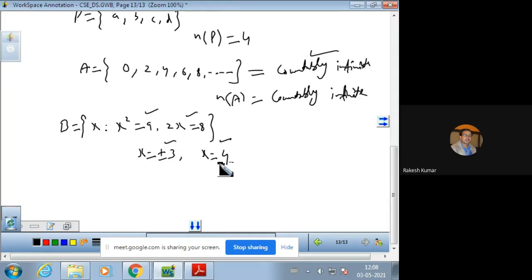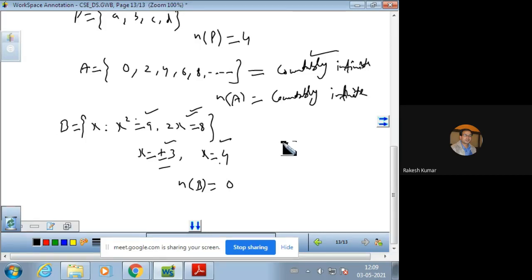Why so? This solution is not possible for the second equation, and this solution is not possible for the first equation. So in this case, we can say that the cardinality of the set B is 0. So this is the way by which we can find out the cardinality.